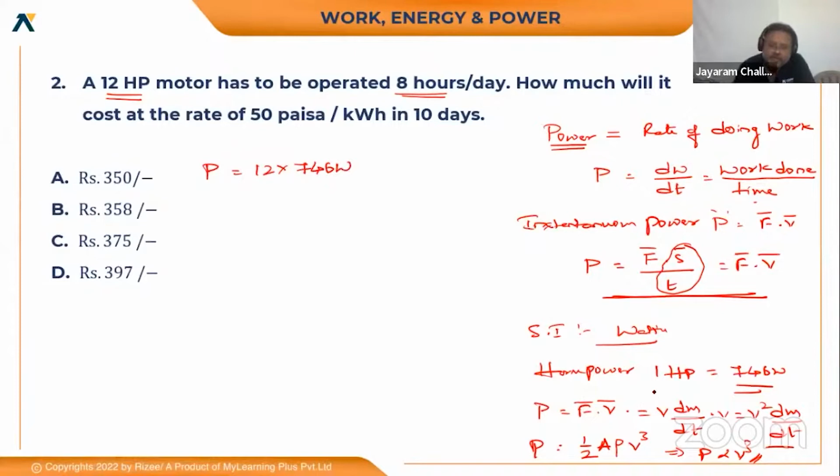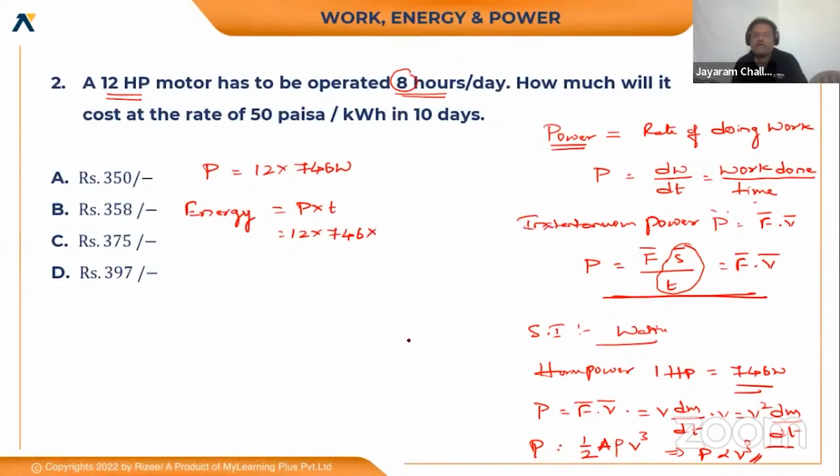Now with this power, how much total energy is used? Energy used is equal to power into time. So that implies 12 into 746 watts into the time. What is the time? 8 hours a day.